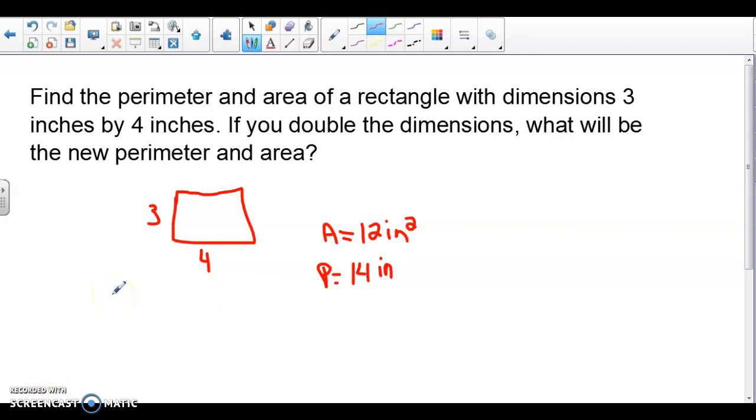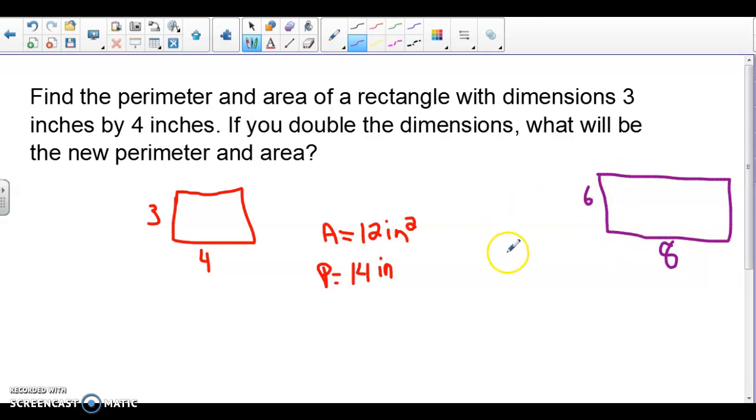Now, for this problem first, we're just gonna double the side lengths, and then we'll see what the area and perimeter is, and then we're gonna see if we can see any kind of comparison between the two. So if I double the side lengths of this, so if I double 3, what would that give me? Well, that would give me 6, right? So I'd have 6, and then if I double 4, I would have 8. So a 6 by 8 rectangle would be if I doubled it.